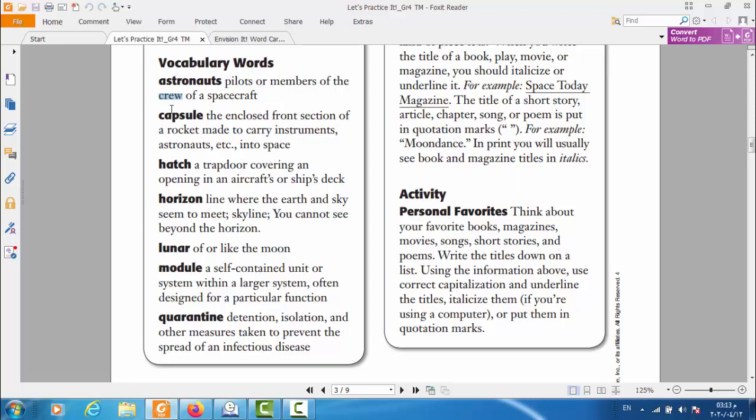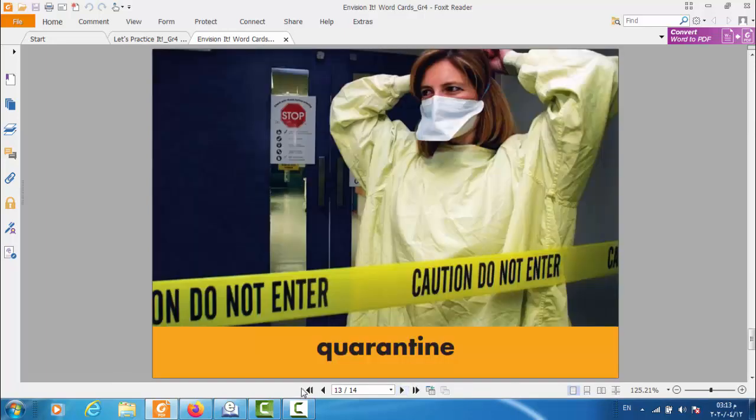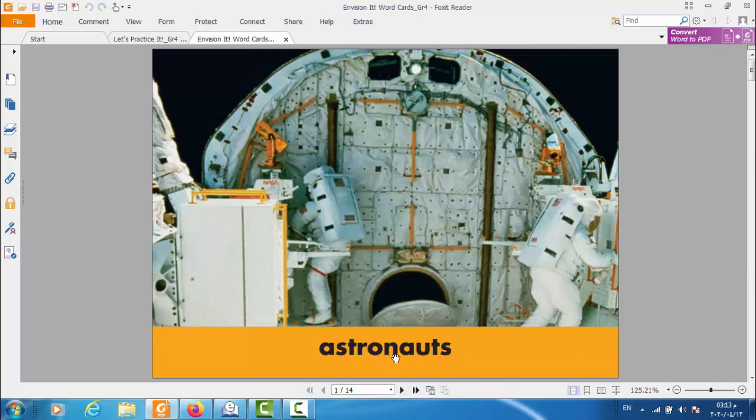And in here, you will see it. Astronauts in here are people that work in space, in a crew, like this one and this one. This is the astronaut, someone who works in space, and this is another one.